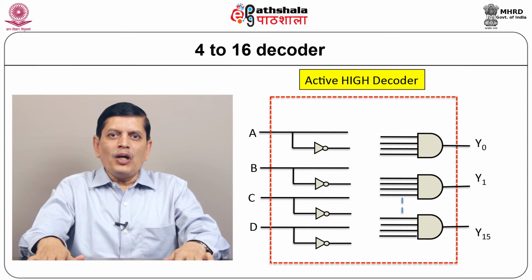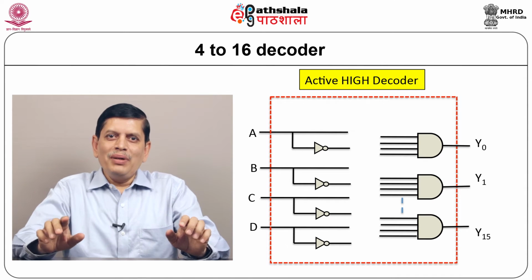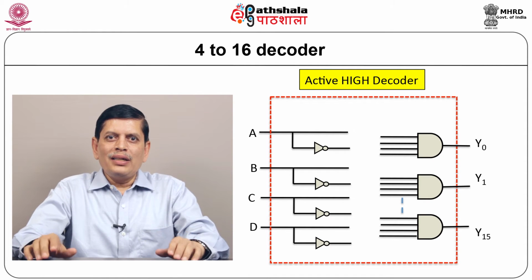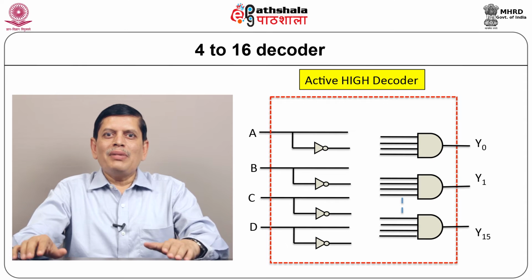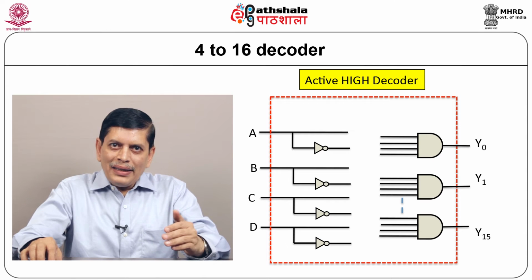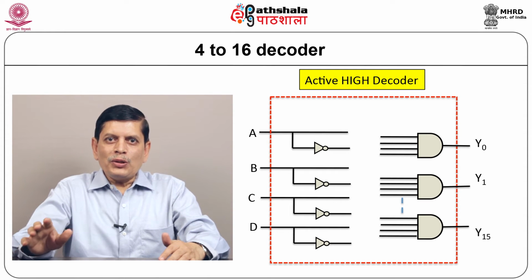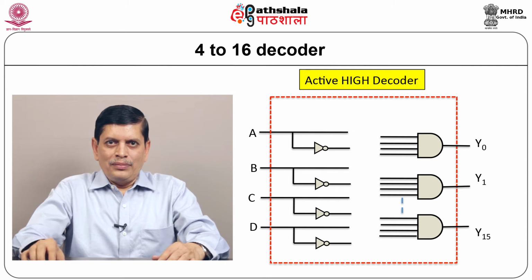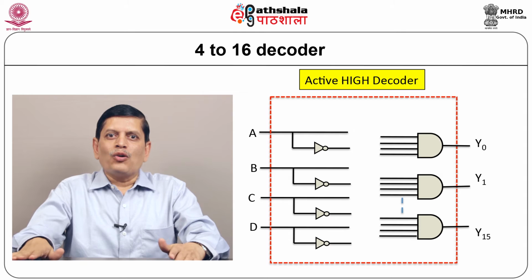All these outputs are active high. Similarly, we can design the scaled down version of the decoder, that is BCD to decimal decoder. In this decoder, there are 4 inputs which are labeled as ABCD and there are 10 outputs, those are labeled as Y0, Y1, Y2 through Y9. These 10 outputs are decimal outputs.